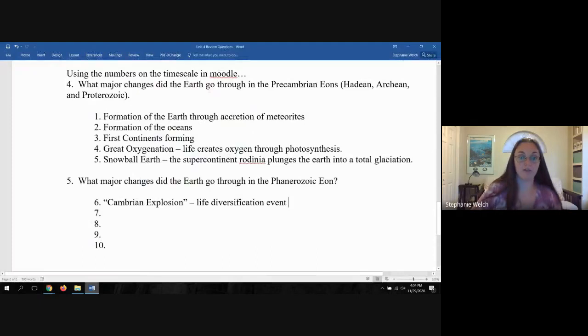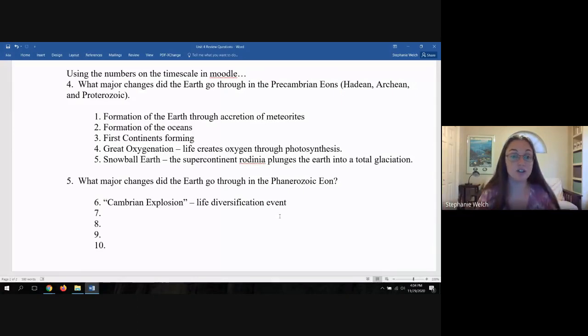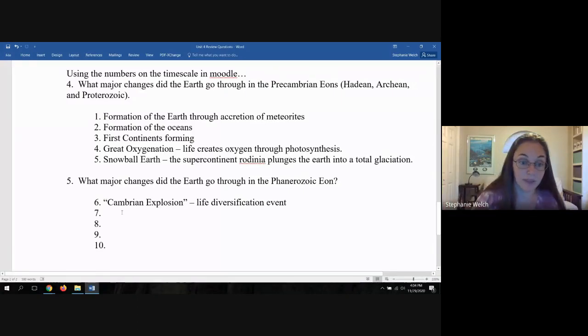So we have life diversifying really rapidly, a biological arms race on to really dominate the terrain, but life is still restricted to the oceans at this point.